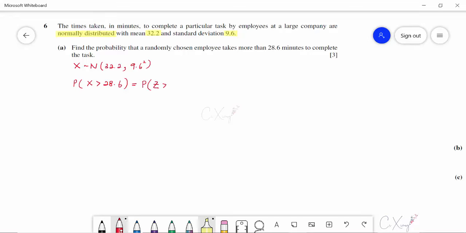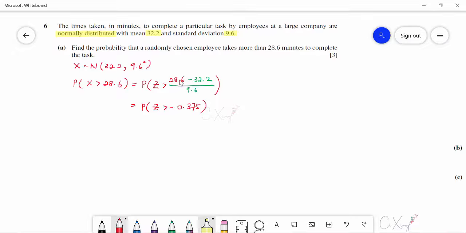So how to standardize it is you make it as x minus the mean, 32.2, then divided by the standard deviation, which is 9.6. Right, and from here you will get a value which is negative 0.375.